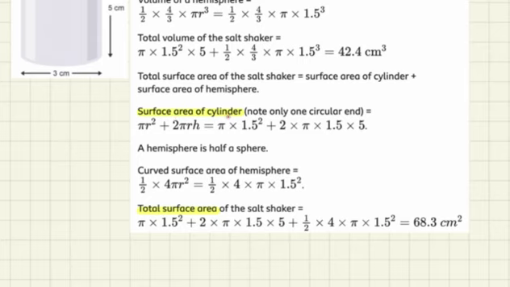Now the surface area of the cylinder is usually pi r squared plus 2 pi rh. And we've got that from a previous video. Remember that there's the base over here, and we need the surface area of the base, and then we need the surface area of the curved bit.